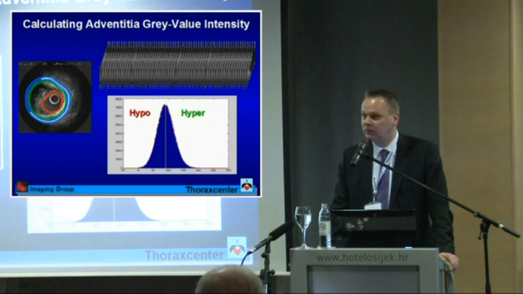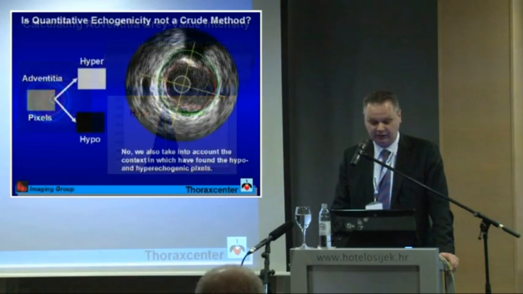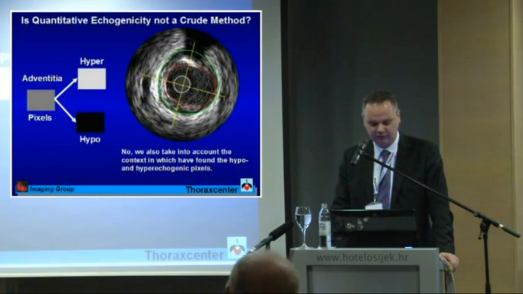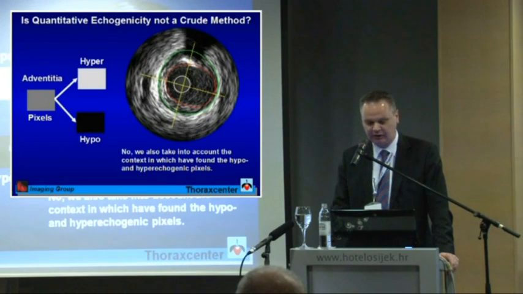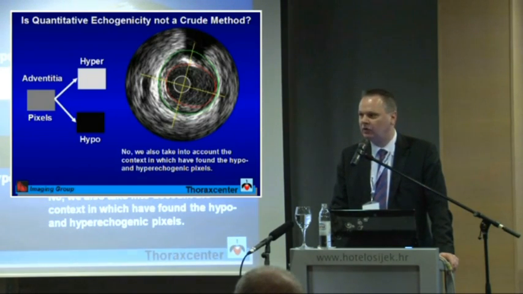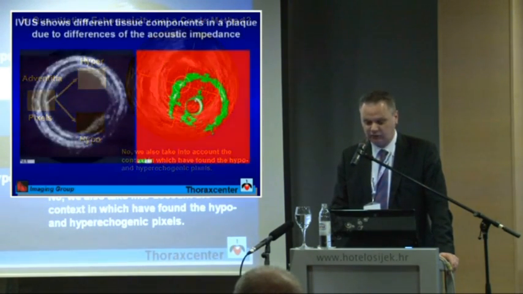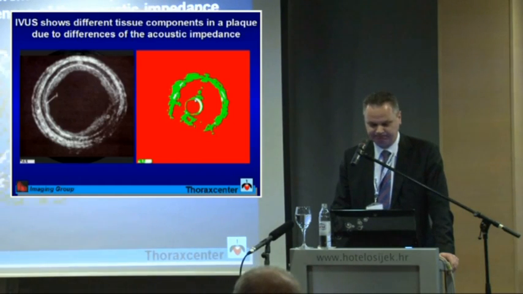Everything that has a lower gray value we call hypo, everything that has a higher gray value we call hyperechogenic. Or maybe better said, if we assume this gray value is adventitia, everything that is brighter is hyper, everything that is less bright is hypo. This is for example calcium in the plaque. And we exclude everything behind calcification, because with IVUS we cannot look behind calcification.